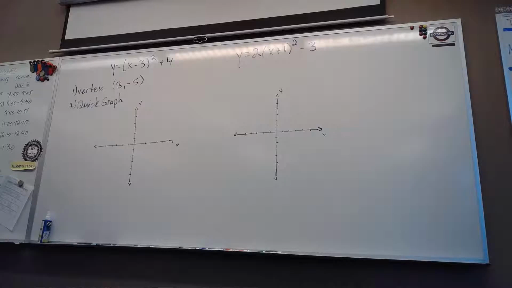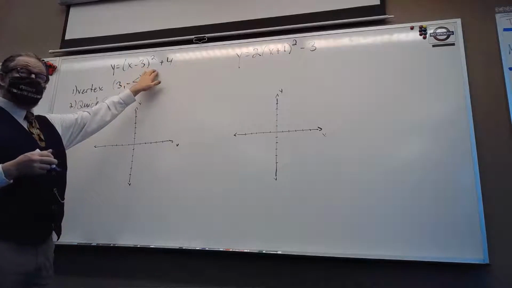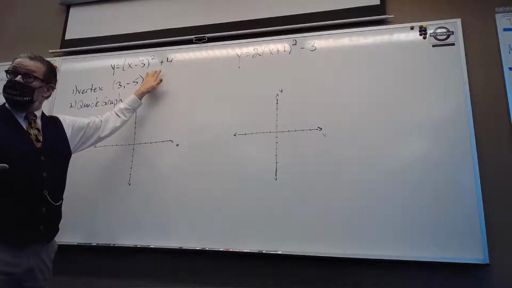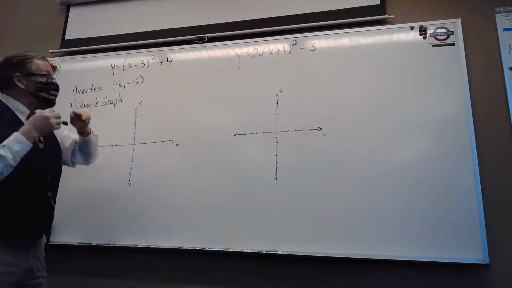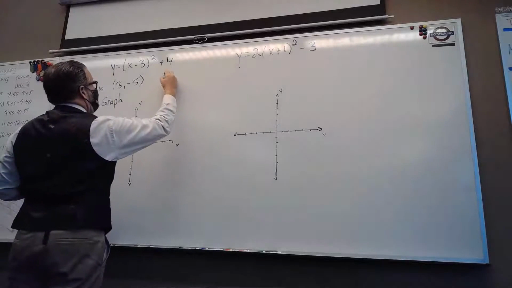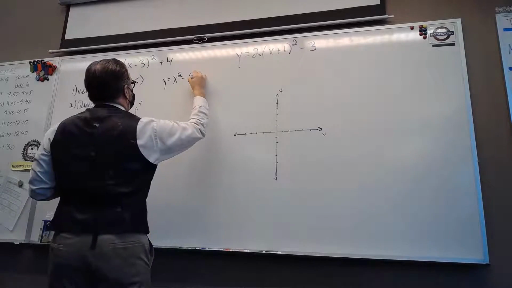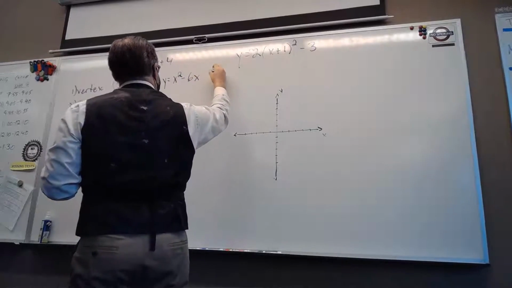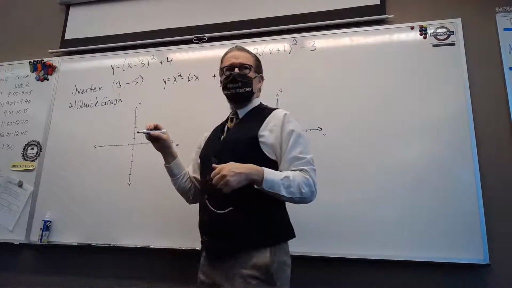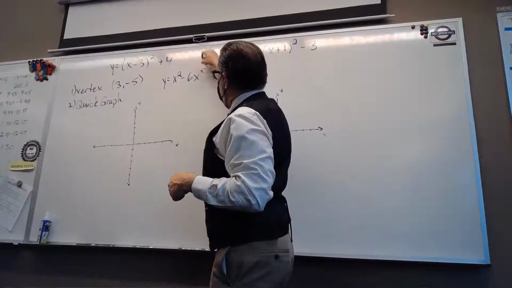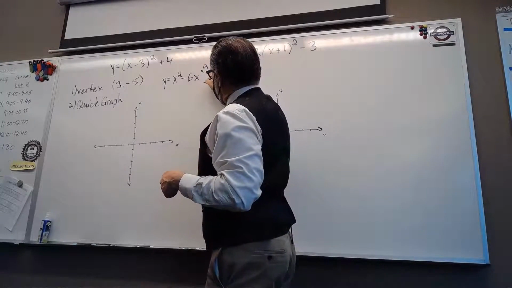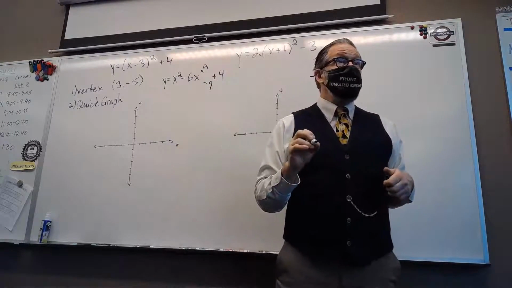Okay. So sounds to me like what you did is you completed the square for something that the square is already completed. So if I gave you y equals x squared minus 6x plus 4, you would have to add 9 to make this a square and subtract 9 to balance it out.